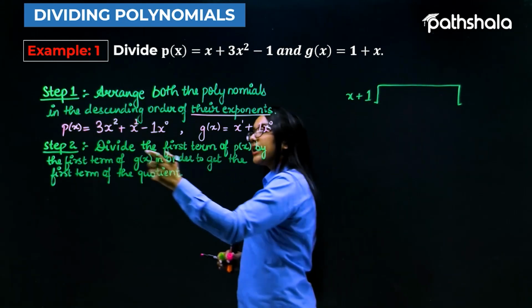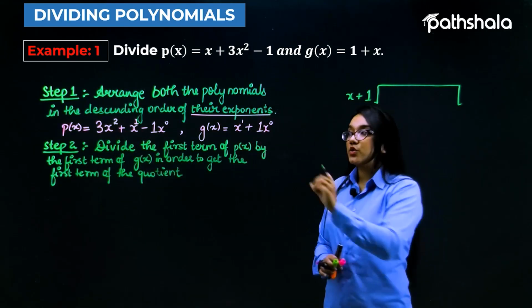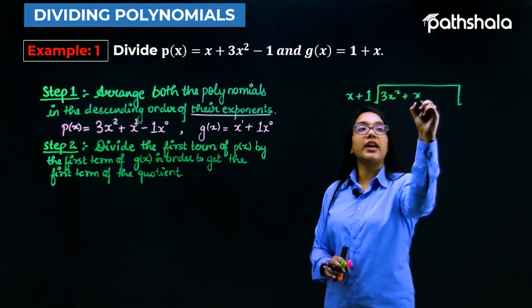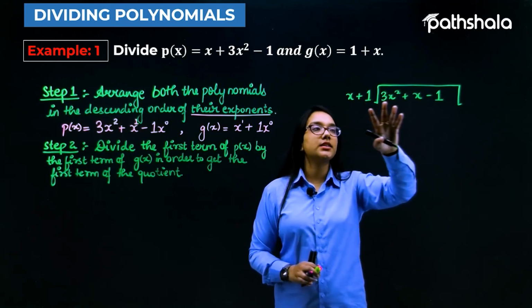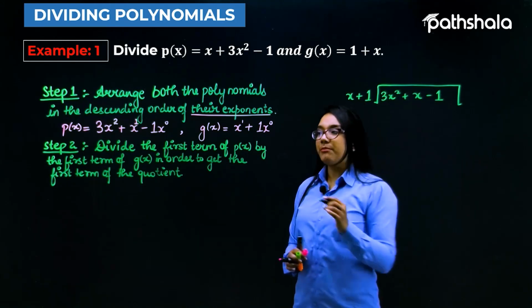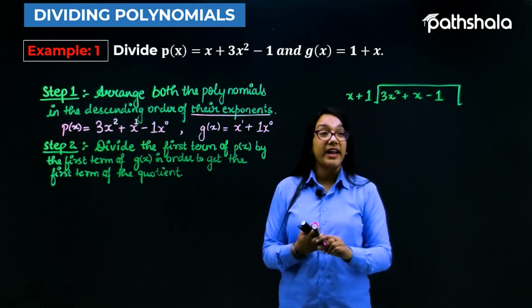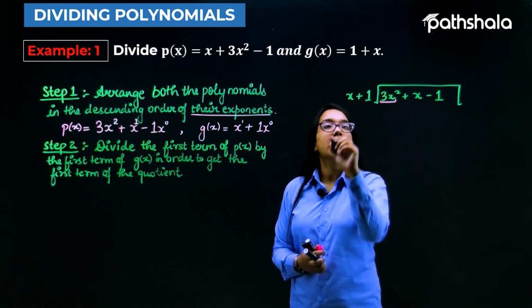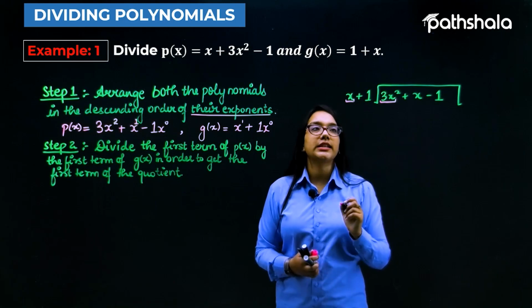Further, I am taking p(x) as the dividend, so it would be 3x square plus x minus 1. So obviously this is my divisor, this is my dividend. So step number 2 says divide the very first term 3x square by the very first term of the divisor, x.